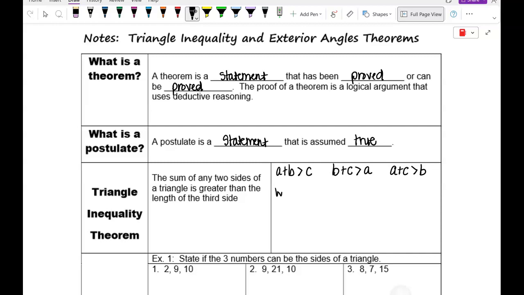And this is where A, B, and C are the possible lengths of the sides of a triangle.